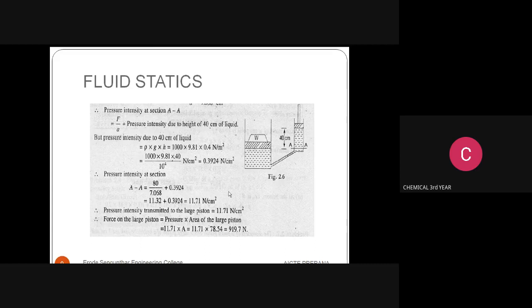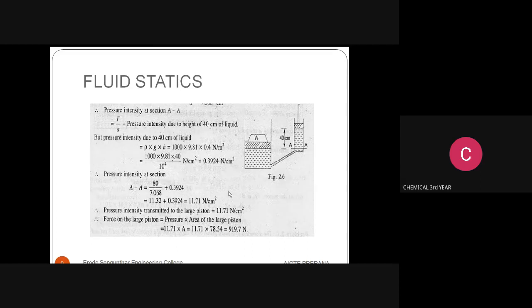When the small piston is 40 centimeter above the large piston, the force on the large piston we need to determine. So F is equal to pressure into area.